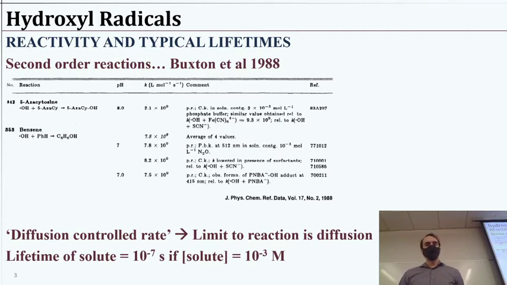So that's at a diffusion controlled rate. So that gives us a little bit of perspective on, okay, if we had some concentration, so 1 millimolar concentration of some reactive species, it's reacting at a diffusion controlled rate, then we expect a lifetime of 100 nanoseconds.